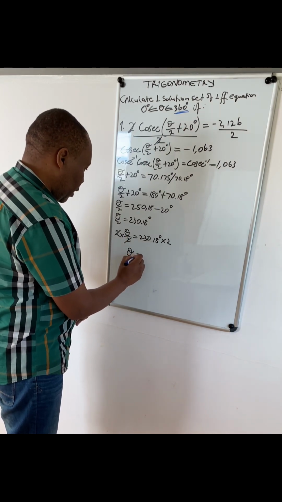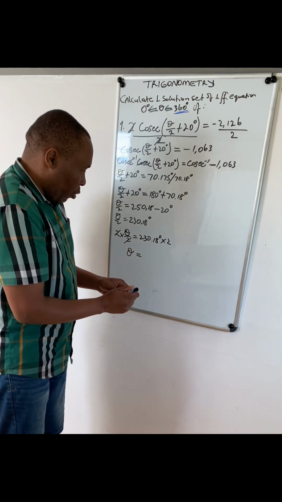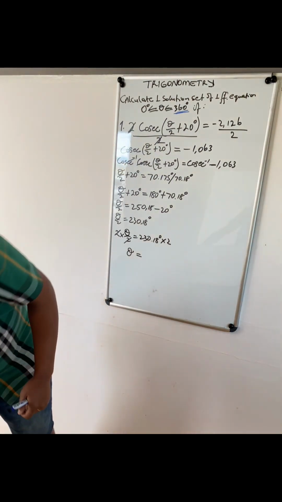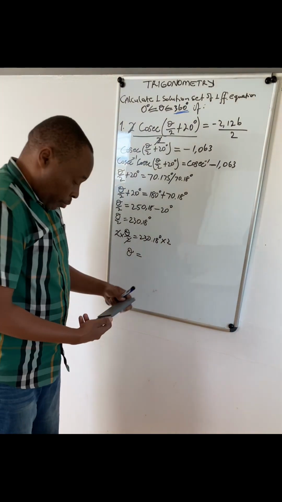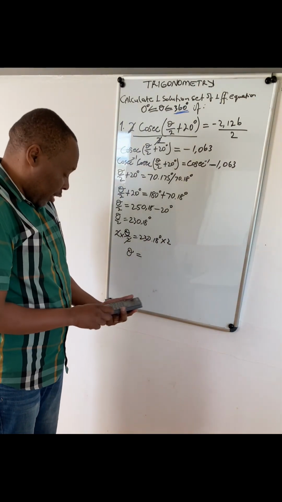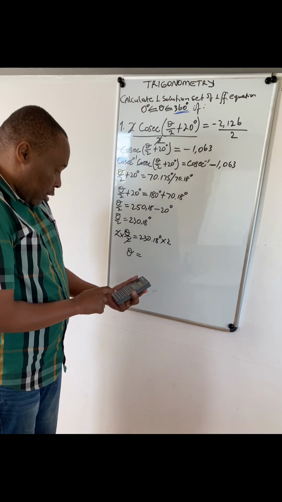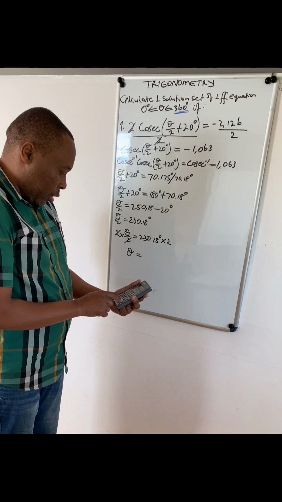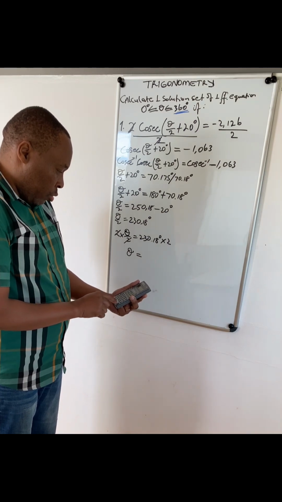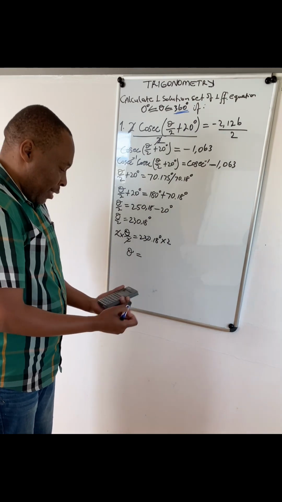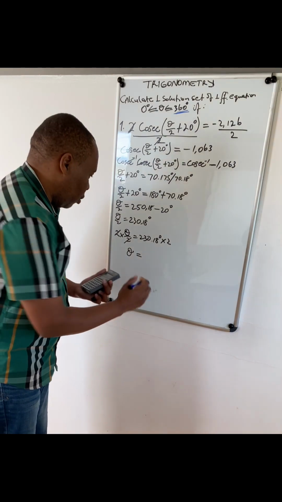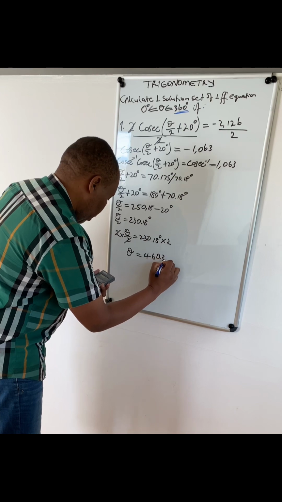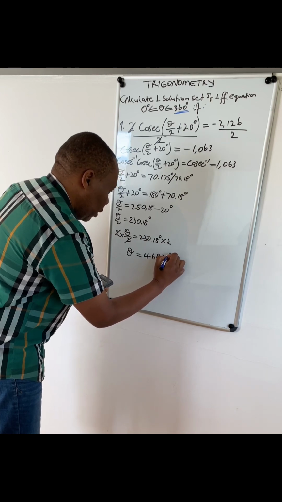Then we have theta is equal to 230.18 multiplied by 2, which is 460.36 degrees.